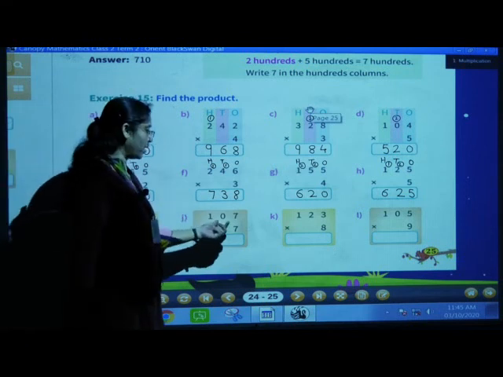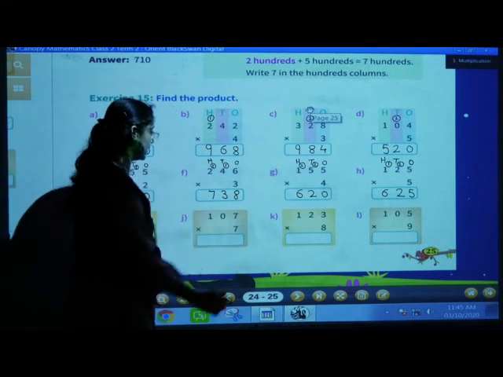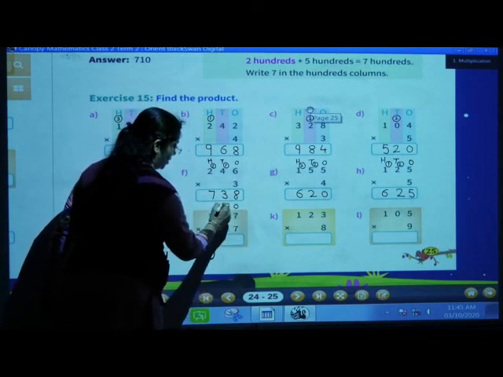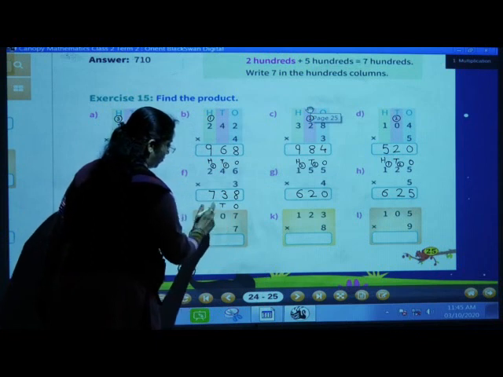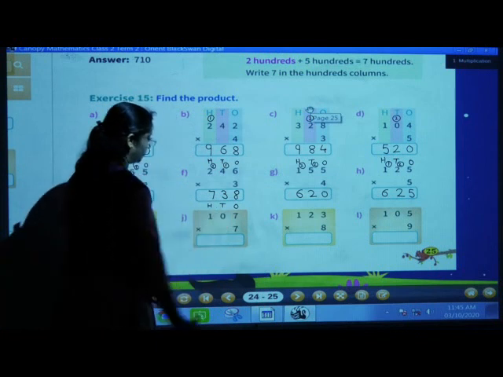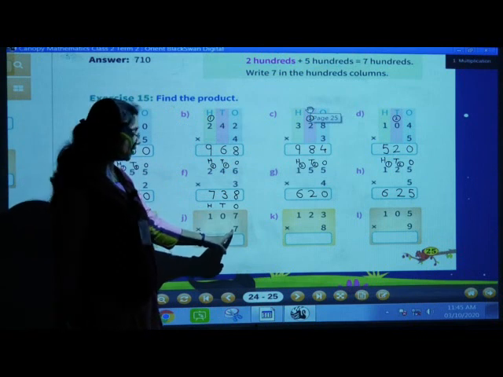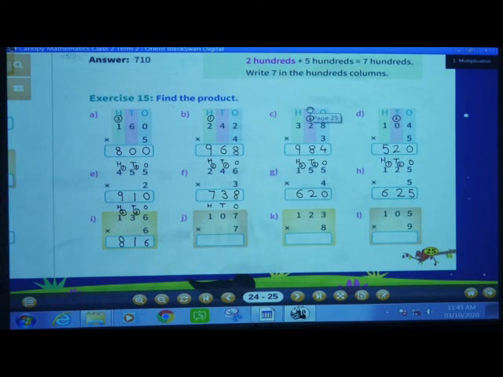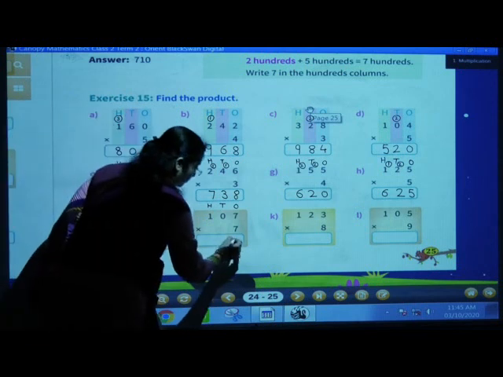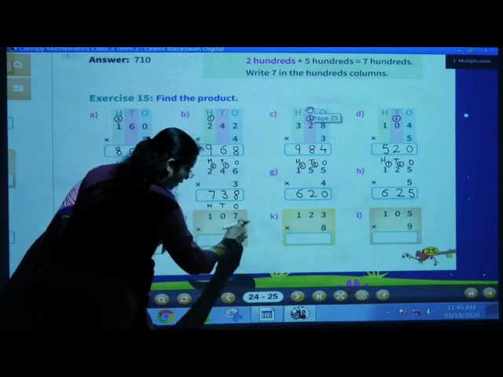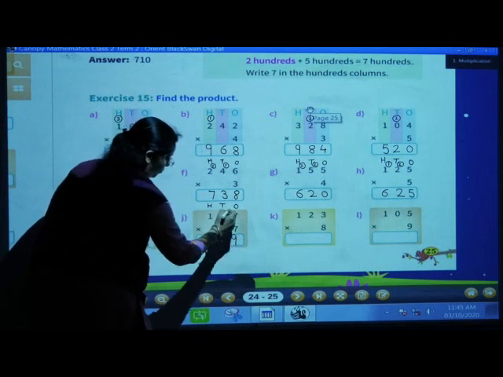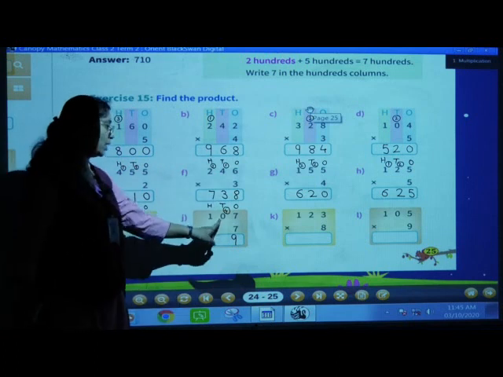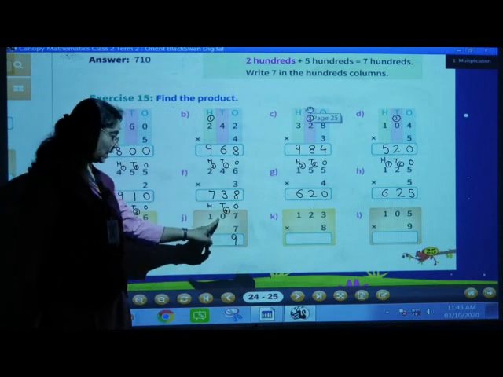Next, 107 multiplied by 7. Here what is the place value of 7? Ones, 0 tens, 1 hundreds. Multiplied by 7. 7 sevens are how much? 7 sevens are 49. Means 9 we have to write in ones column. 4 as a carry. 0 multiplied by 7.